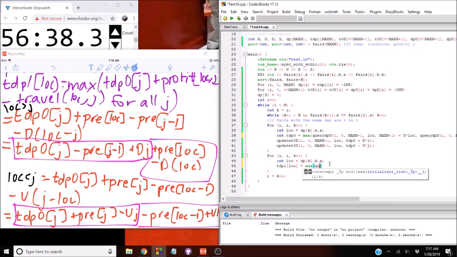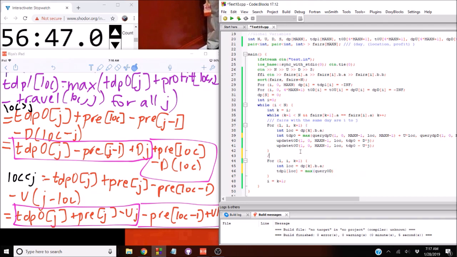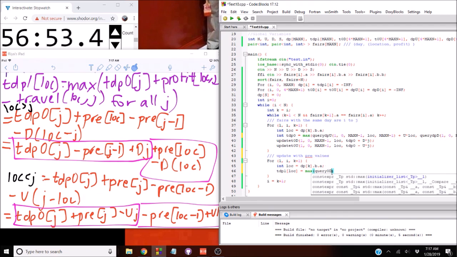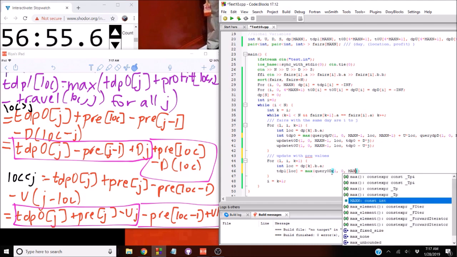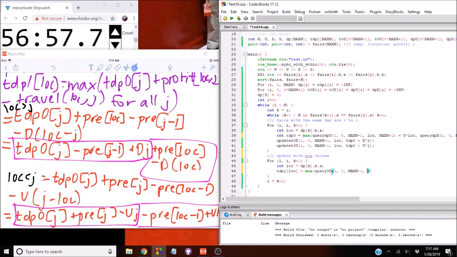Okay, so the first thing is query 0d. Oh yeah, we first need to update it with the pre-value, so I'll just put that as a comment here. And then I'll add that later, I suppose. Okay, this is lock is greater than j, so j is less than lock.